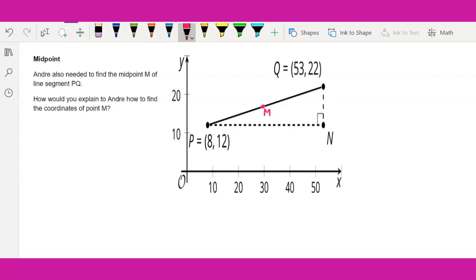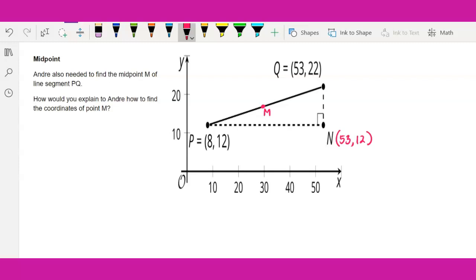But what we are interested in are the coordinates of point M, meaning what the x and y coordinates are. Now we already know that the coordinates of N are 53, 12.